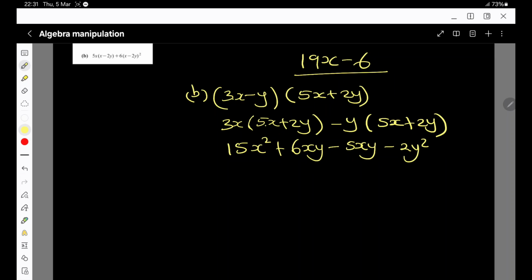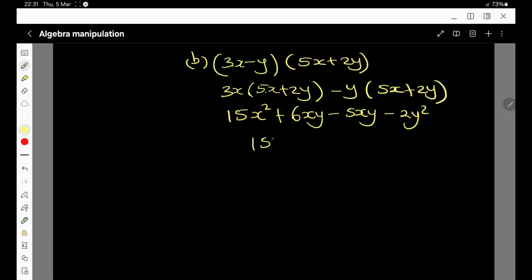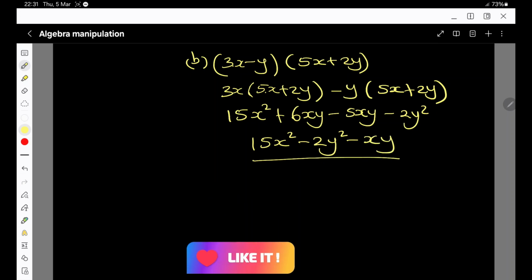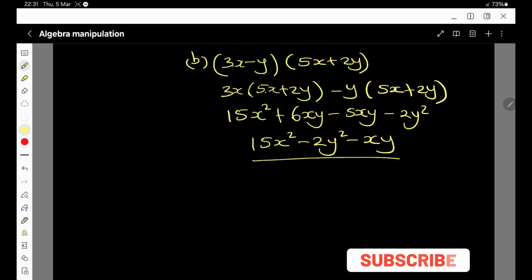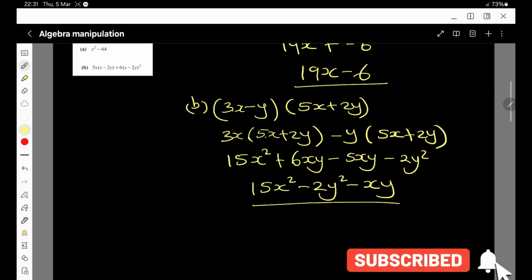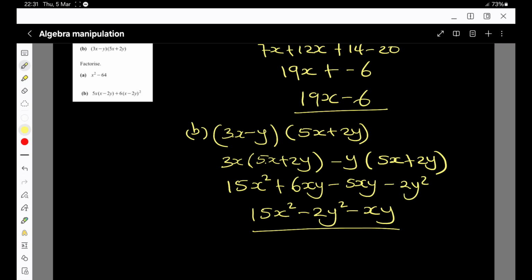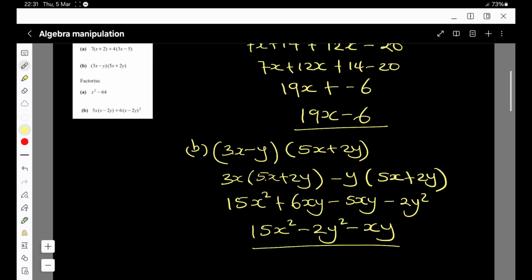There is 1x squared, so it can remain as 15x squared, then 1y squared, so you can bring the y squared here. And then 6xy minus 5xy, which is 6 minus 5, which is 1xy, which you can write as xy. And this could be our final answer of our expanding and simplifying.